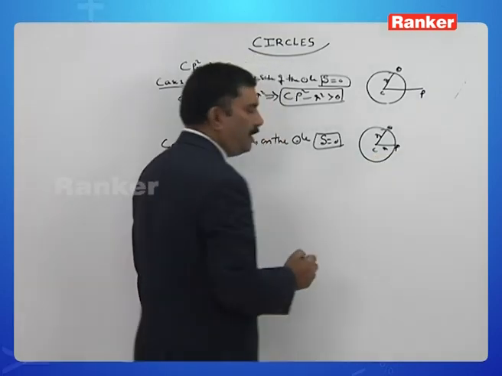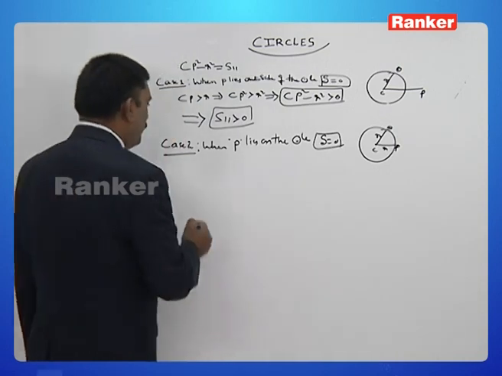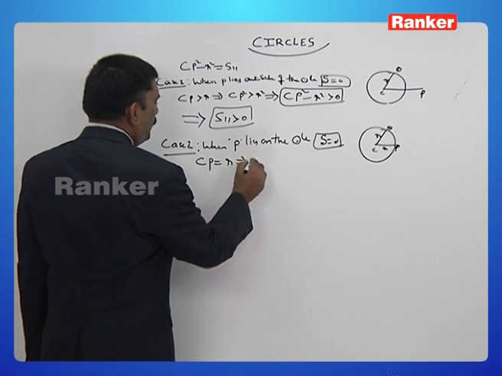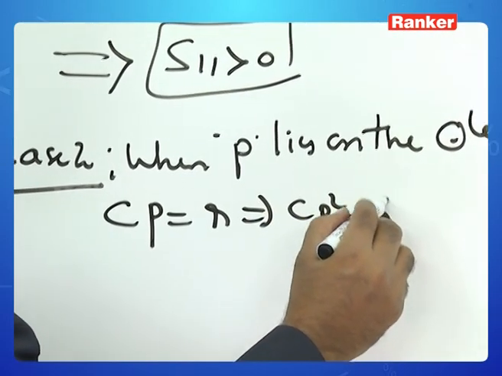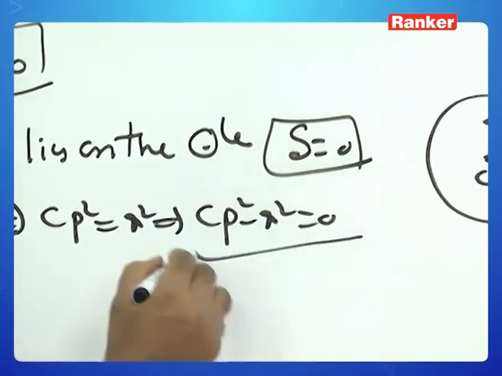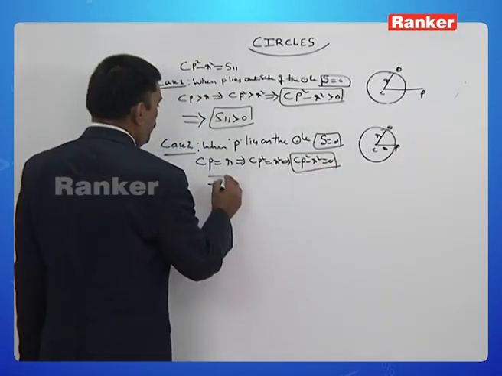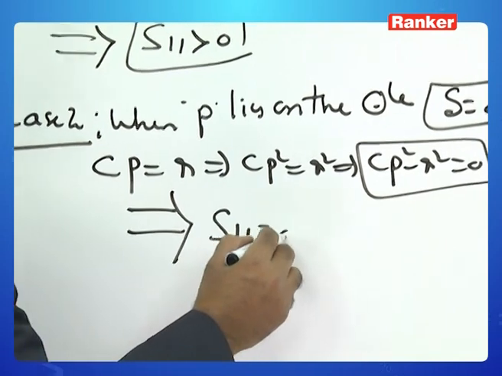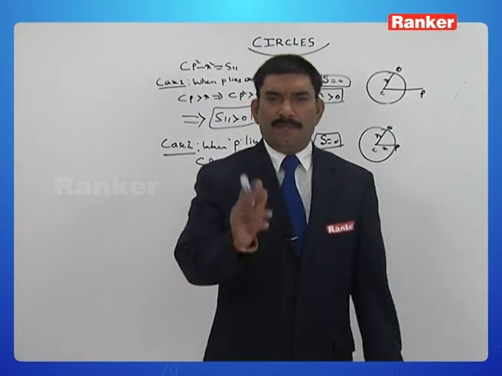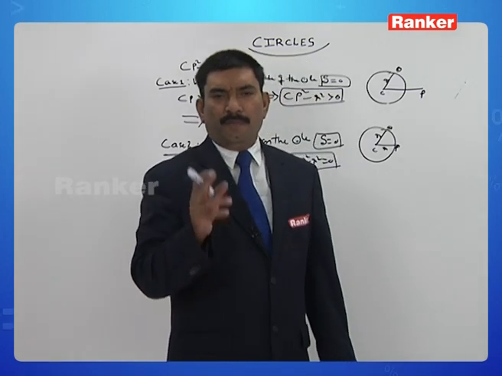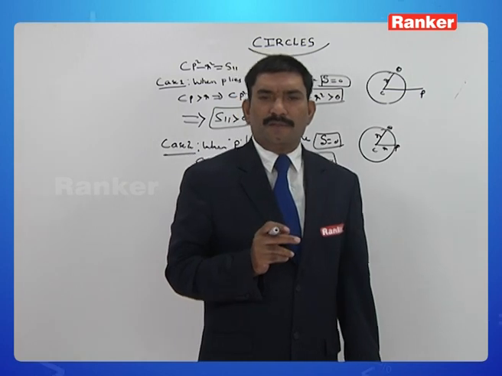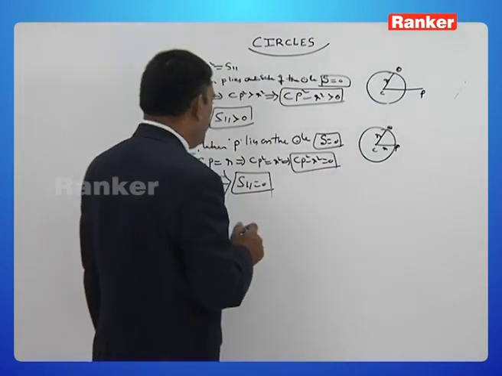From the figure, I can write CP is equal to R. Therefore, CP square is equal to R square, so CP square minus R square is equal to 0, which implies S11 is equal to 0. When the point lies on the circle, S11 is equal to 0.